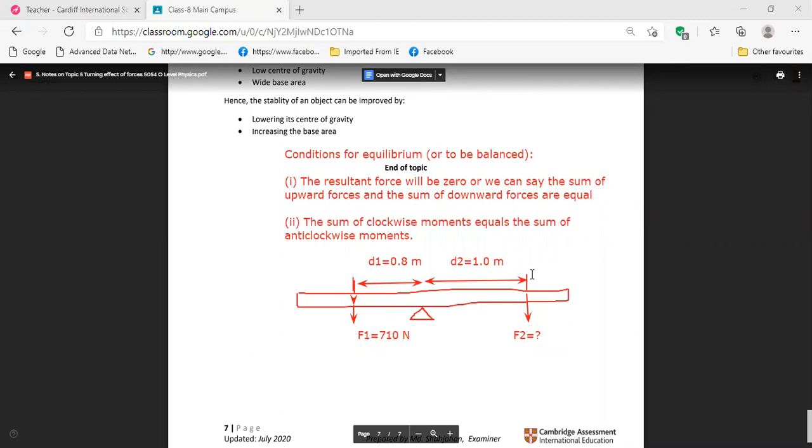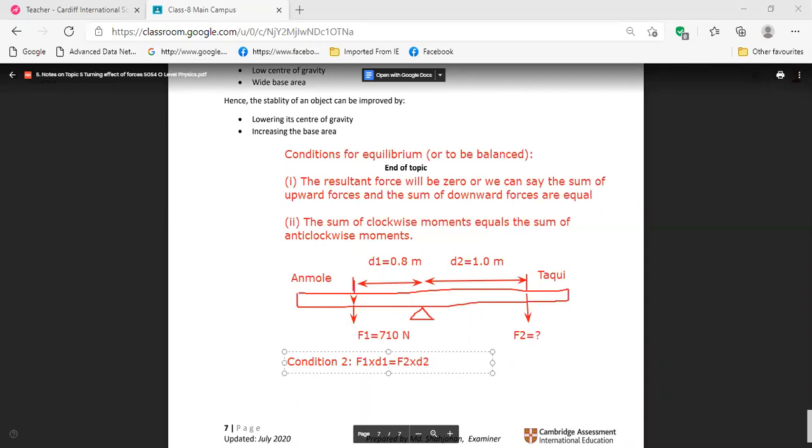So we write Taki here and Anmol here. Condition 2: the formula first you write, that is F1 multiplied by D1 equals F2 multiplied by D2.